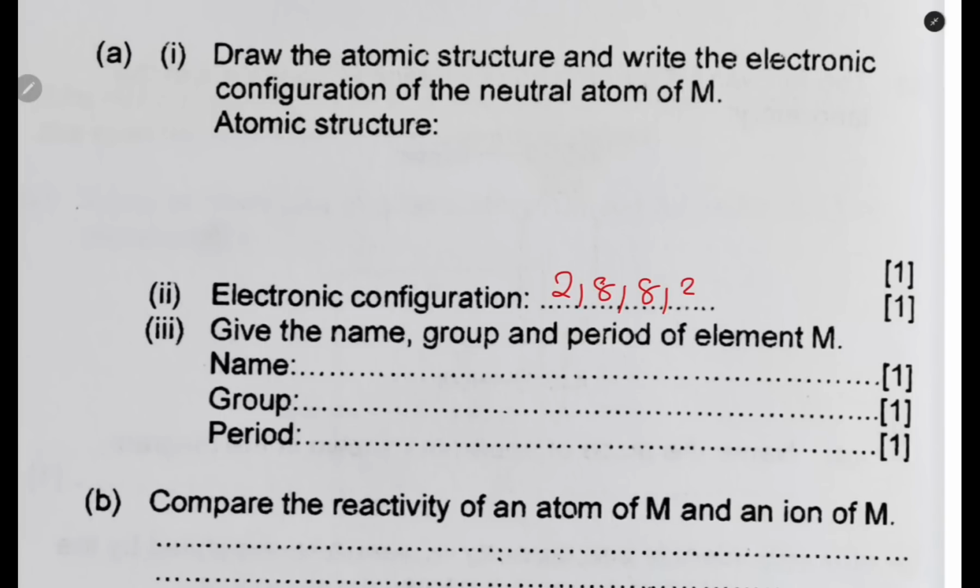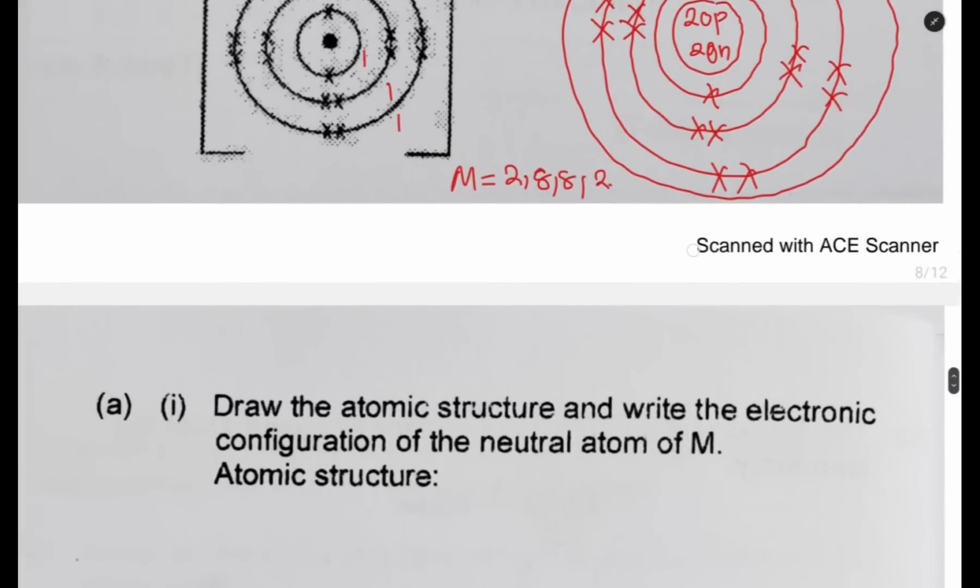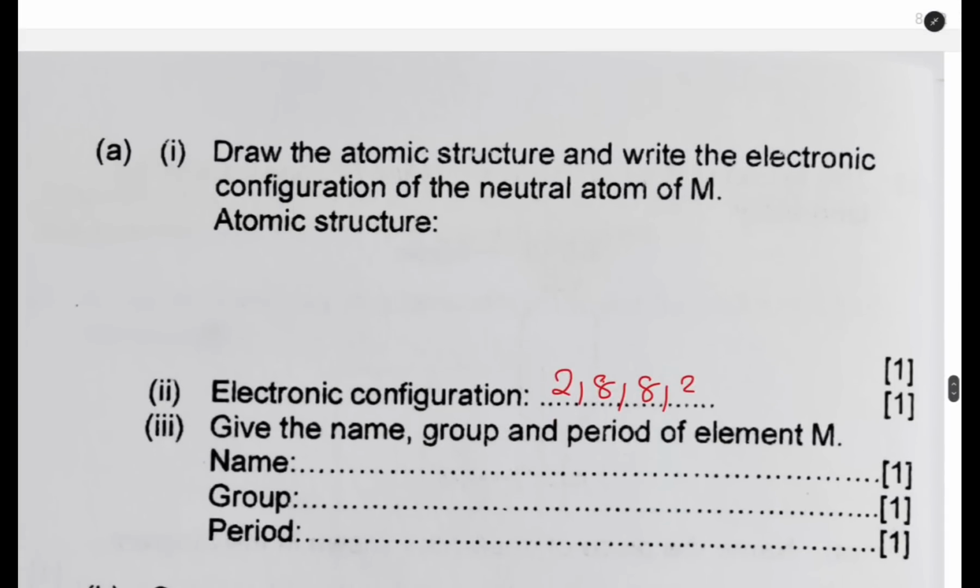Give the name, group and the period of the element M. So to get the period, we count number of shells. So 1 2 3 4. So it is from period 4. Then group number, we look at the number of electrons in the outermost shell.